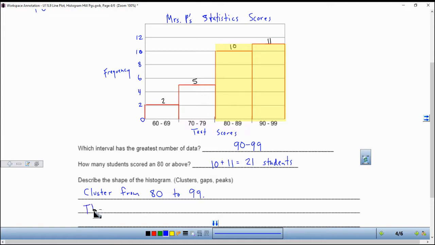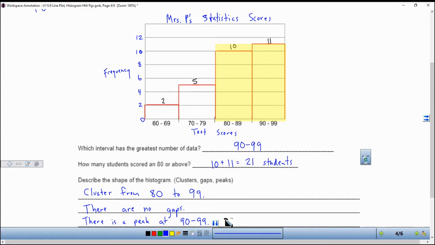So we'd say there are no gaps. And we kind of answered the last question earlier with a peak. The peak is where there's the greatest number of data in an interval. So the peak would be 90 to 99. You'd say there is a peak at 90 to 99.